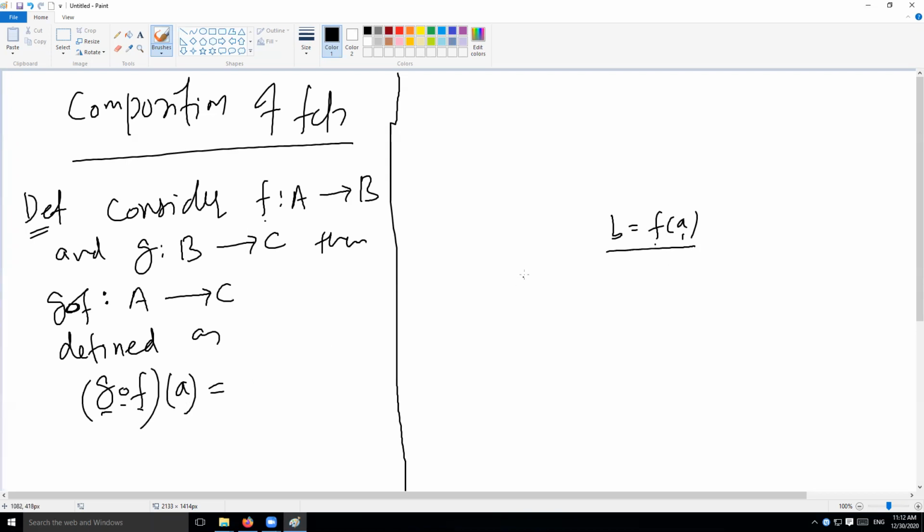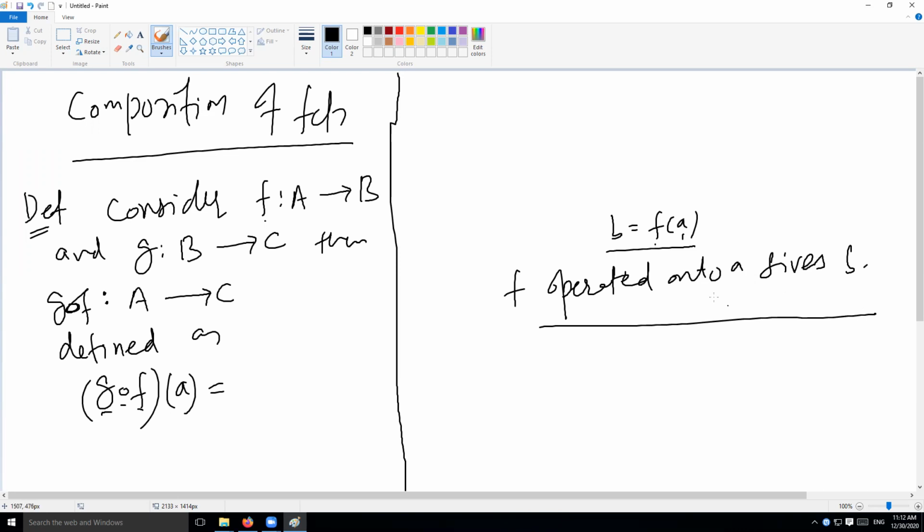There's nothing wrong in reading it as b equal to f of a, but this is also an interesting way to say that.